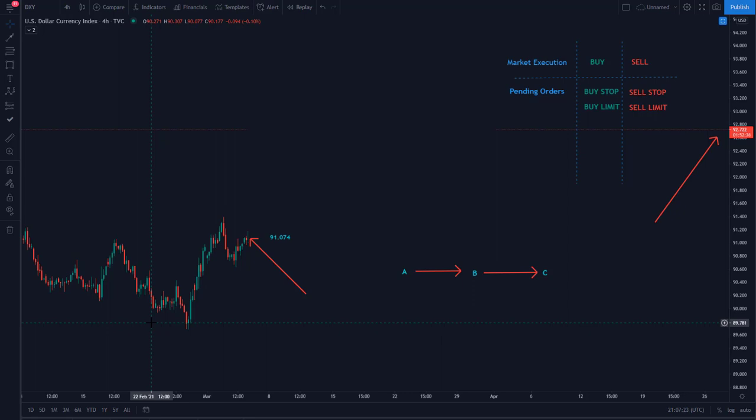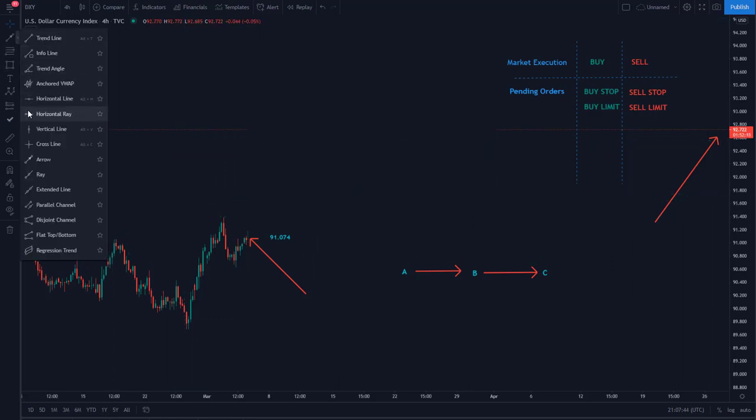So you would place a pending order, saying, I am forecasting the dollar to get stronger. Therefore, if the dollar index gets to, let's take an example, 91.397, which is right here.